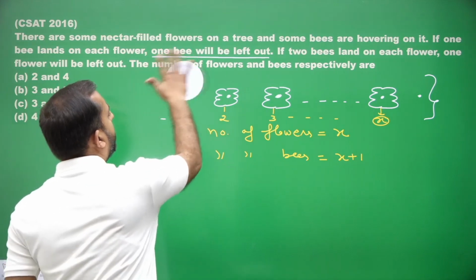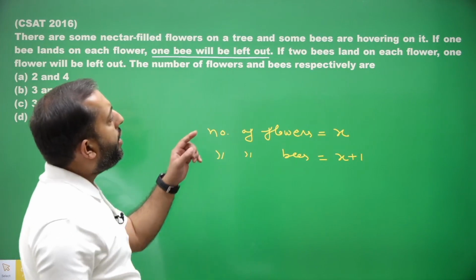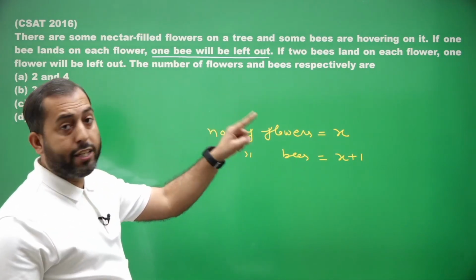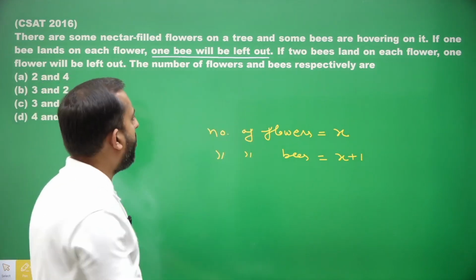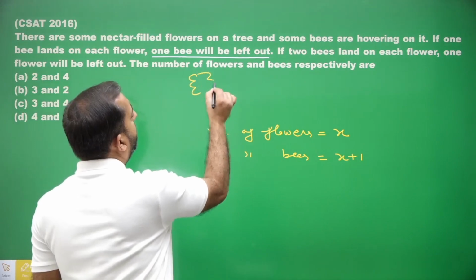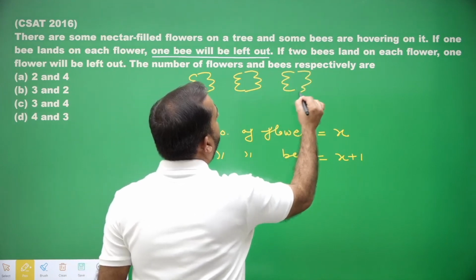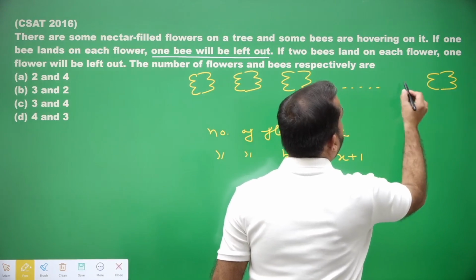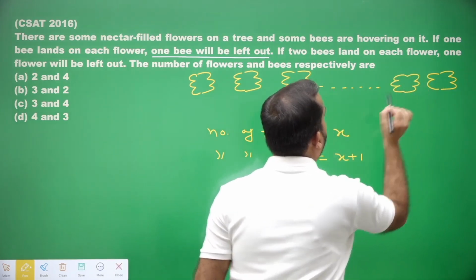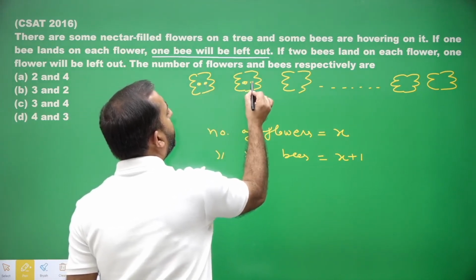Let's check out the next statement now. The next statement says, if 2 bees land on each flower, one flower will be left out. Now, first flower, second flower, third flower, and in this way, the xth minus 1 flower and the xth flower.